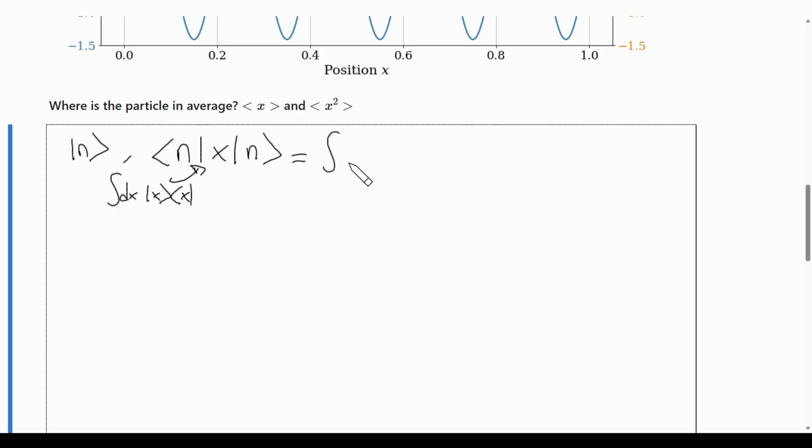So this gives us ∫dx ⟨n|x|x⟩⟨x|n⟩, where x is the operator.